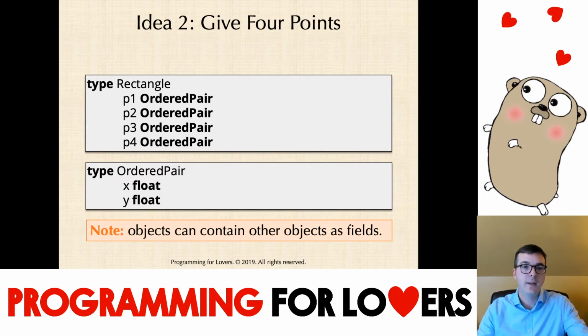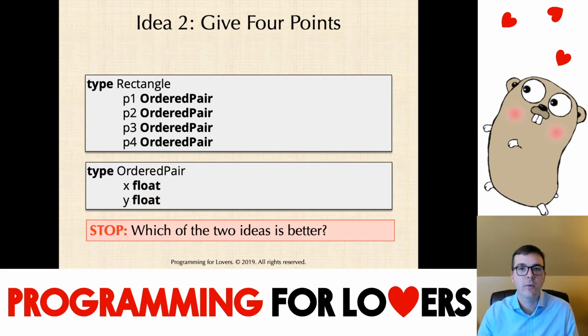So here the rectangle has 4 fields, which are 4 ordered pairs, and each of those has an x and a y field. And that's fine. That's a great way of setting this up. We'd have 4 points, and then each has an x and a y. Is there one that you might prefer? Is there one that you think is better to work with, or easier to work with, or maybe even superior?